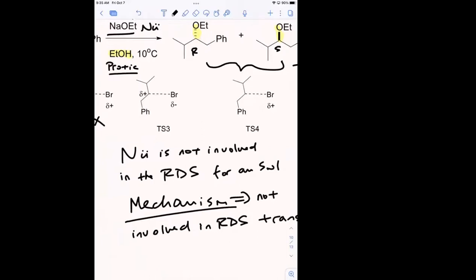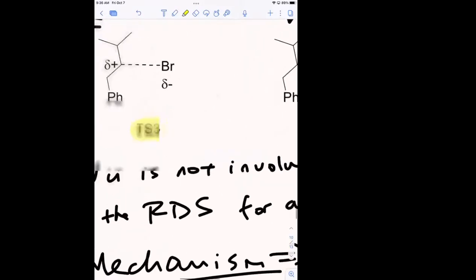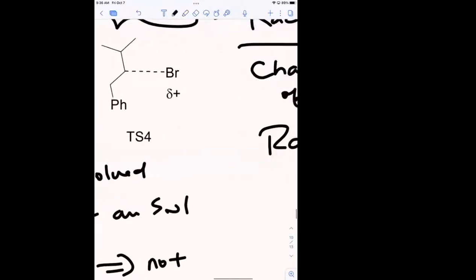I was gonna say 3, just because bromine is usually partially negative. Yeah, not usually. It always is. It's always partially negative if it's attached to a carbon and the bond is breaking between the carbon and itself. So you're right. So this is the correct transition state over here. This is incorrect because of the charge on bromine.